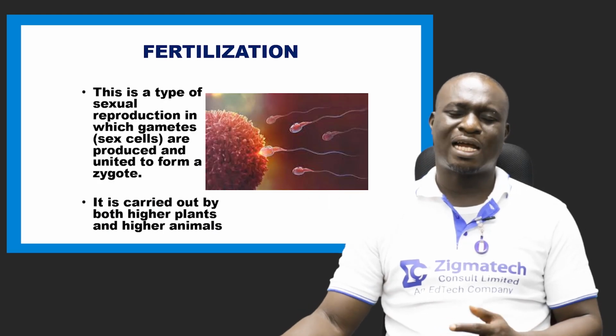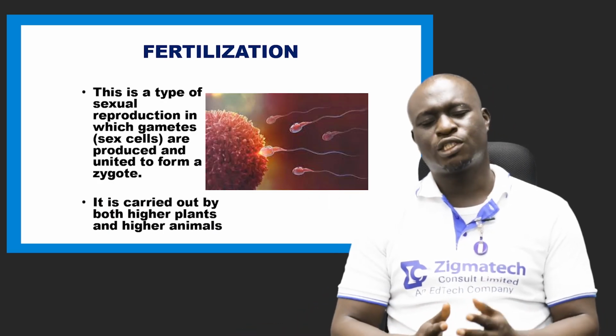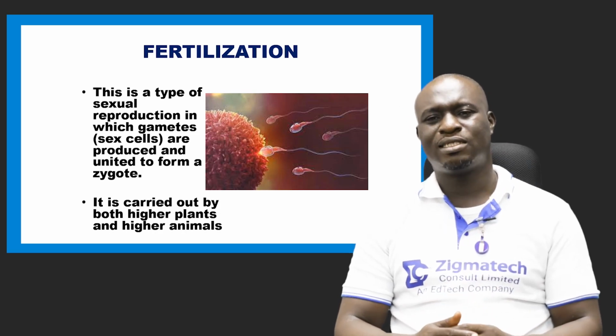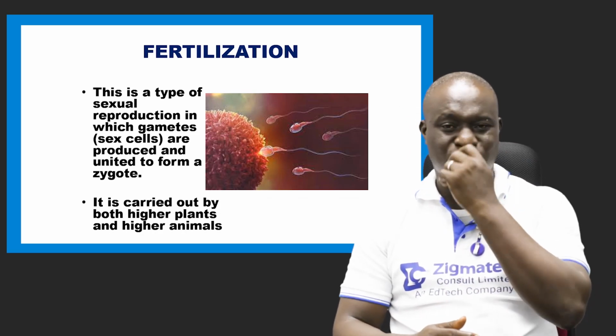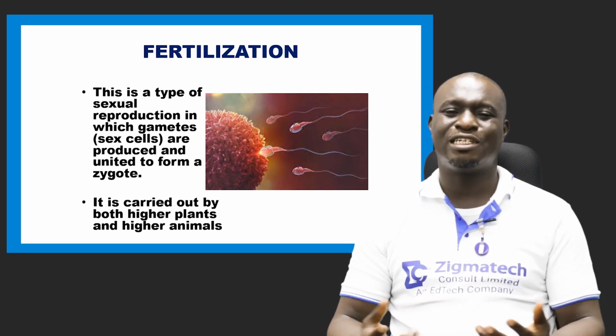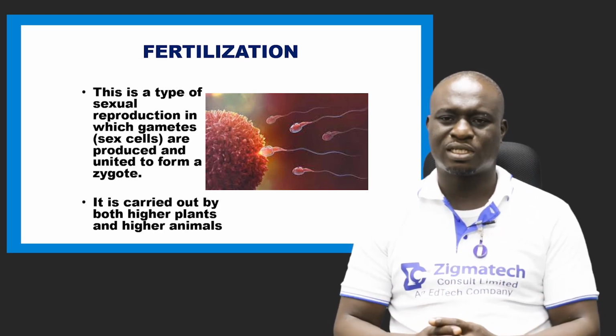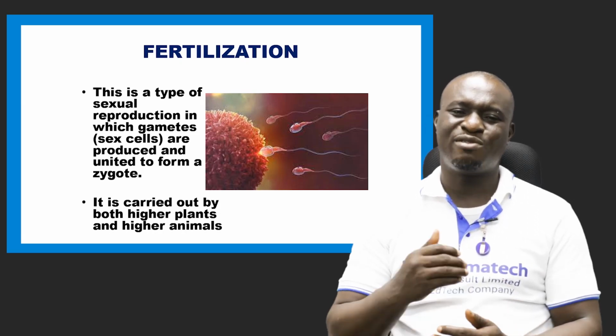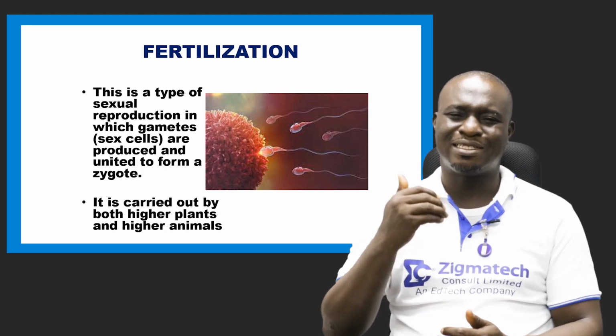Now, the next type of sexual reproduction is called fertilization. Fertilization is a type of sexual reproduction which involves the production and the union of gametes, and they give rise to what we call a zygote.